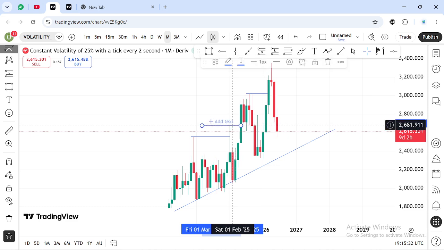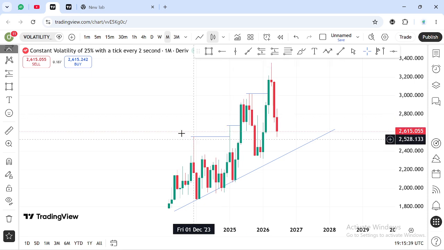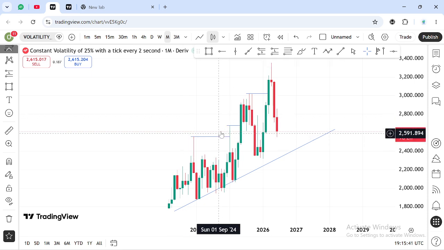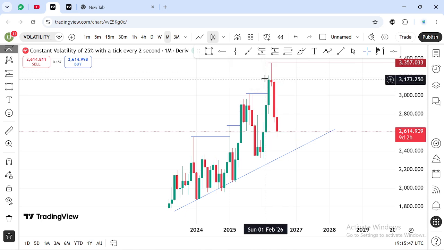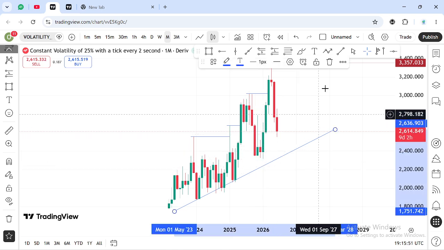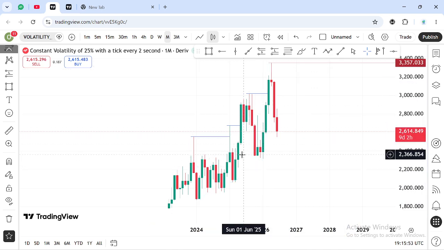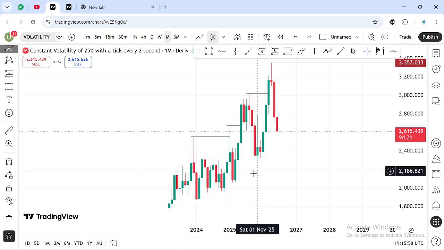So we've got this as our break of structure, this as our break of structure, and this also. Furthermore, we have this high where price just dropped from, which is also cool. We'll remove this.